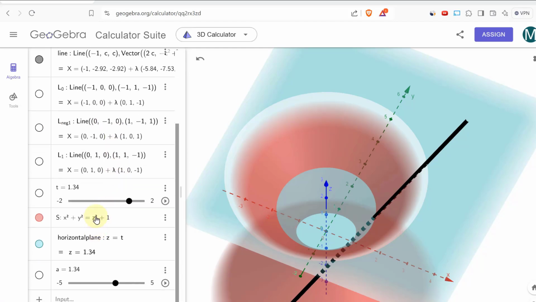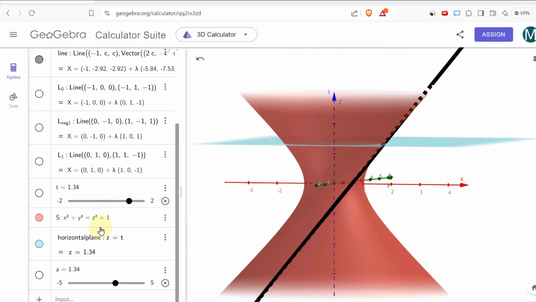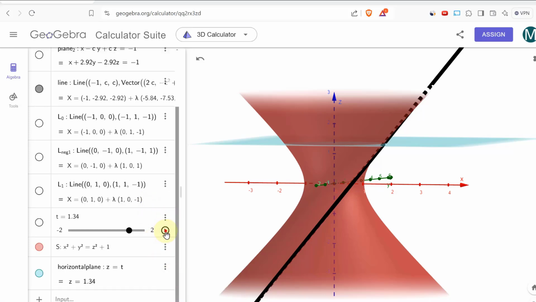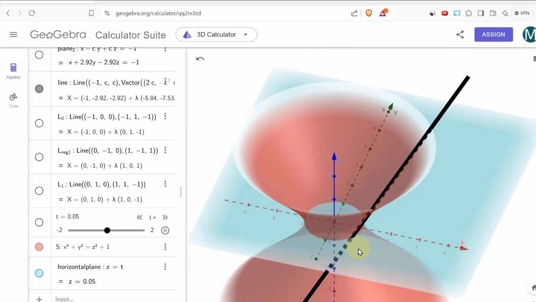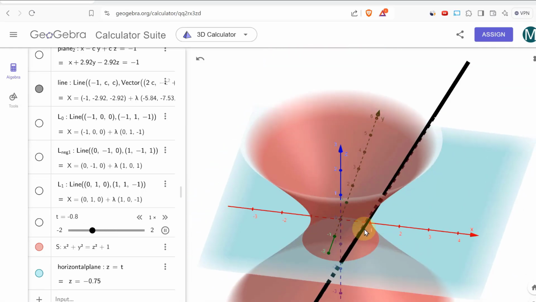Going further, this is the hyperboloid, and there's the horizontal plane z equals t in blue. You can modify this and you'll see it goes up and down. This is a value I don't need, so I'll delete this one. This is the value I need. Okay, so there it is. If you move it up and down, the circle gets modified.